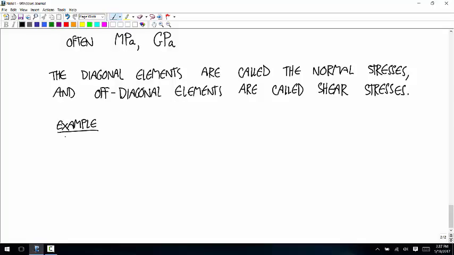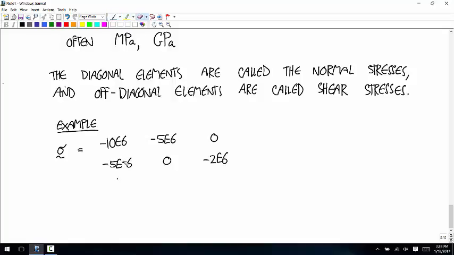So for example, let's say we have the stress tensor negative 10 times 10 to the 6, negative 5 times 10 to the 6, 0. What does this value have to be? Negative 5, yep. The diagonals are always independent, so that can be 0. Say this one's negative 2 times 10 to the 6.